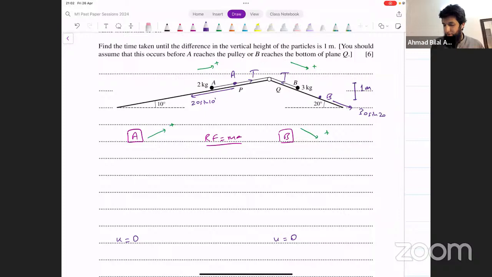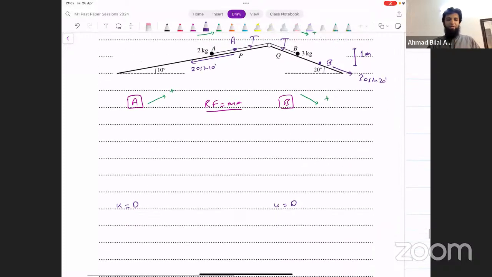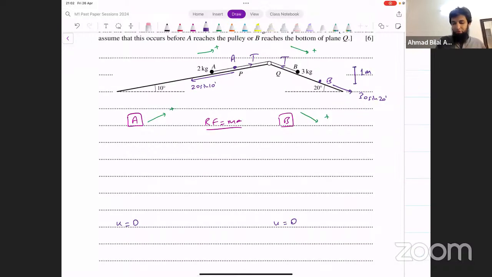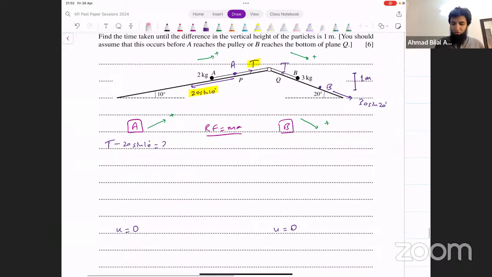So we can use these forces to find the acceleration of these two particles while they are in motion and the string is taut. A is moving up the plane, so the forward force is tension, and the backward force is 20 sine 10. So T minus 20 sine 10 equals the mass of A, which is 2, times acceleration.